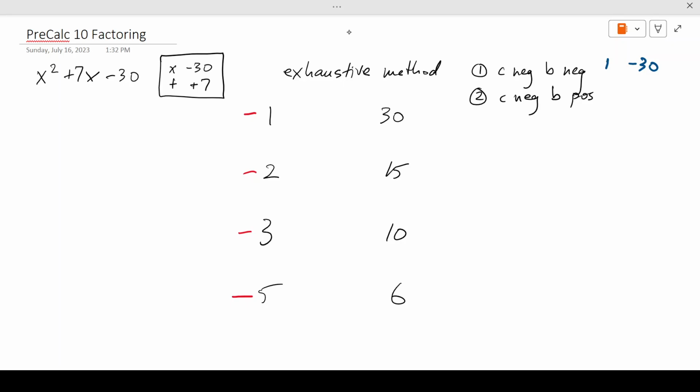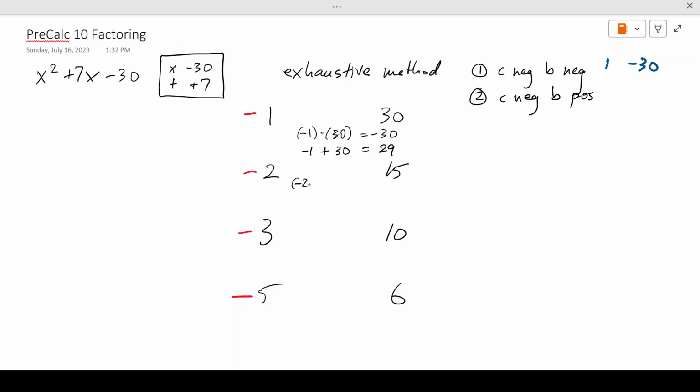Okay, so now we'll go exhaustively through the list. I'm going to double check that negative 1 times 30 is in fact negative 30, and it is. That's what we wanted. That's our C. And now we'll add them. Negative 1 plus positive 30, that is a positive 29.